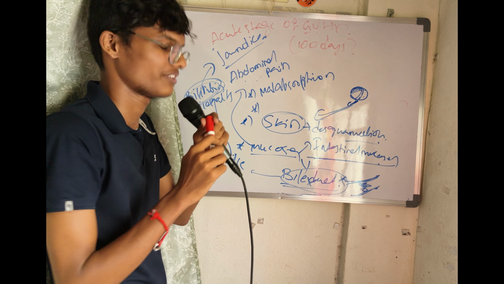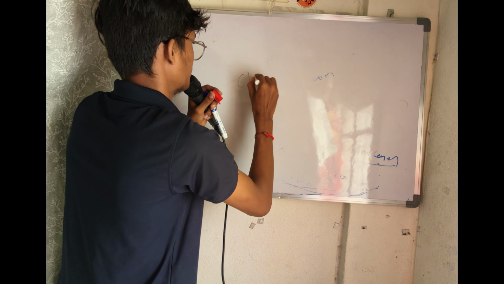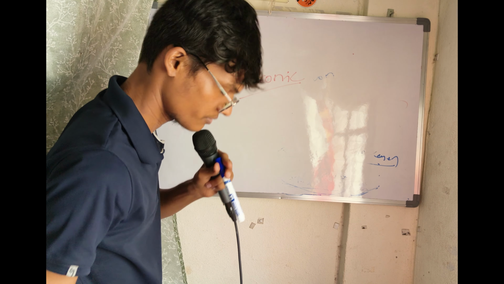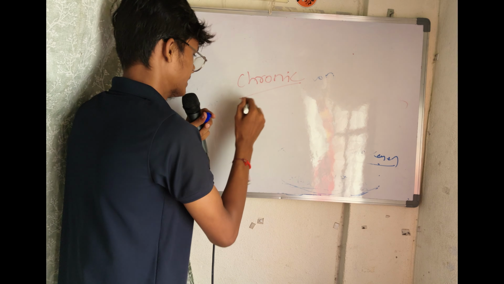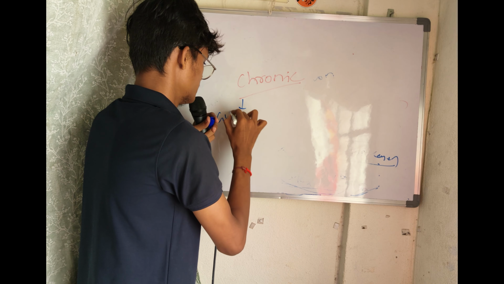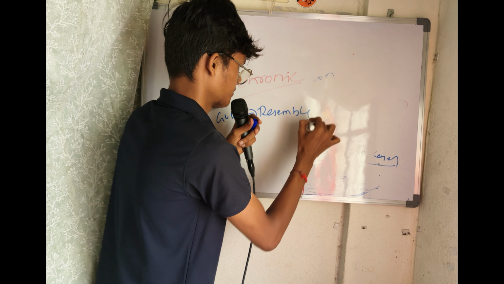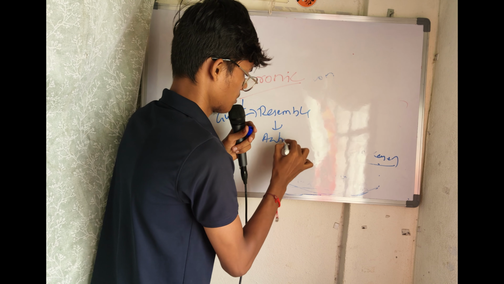And if there is an acute phase, there will also be a chronic phase. In the chronic phase of GVHD, the GVHD will resemble autoimmune disease.